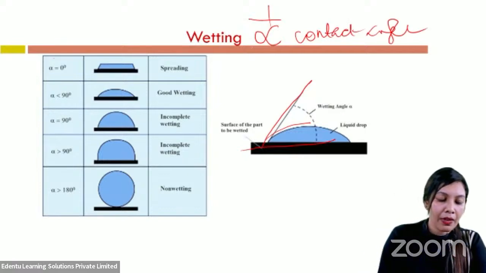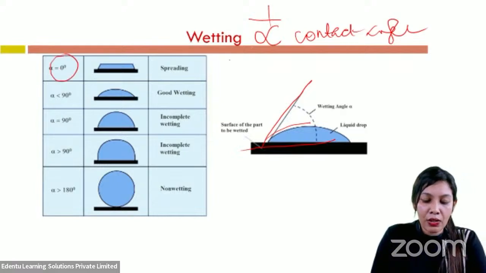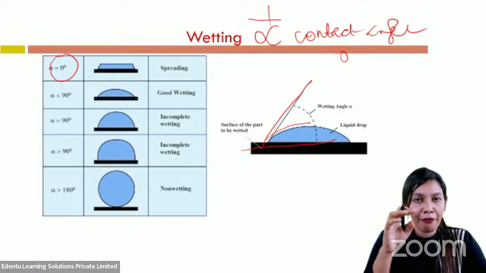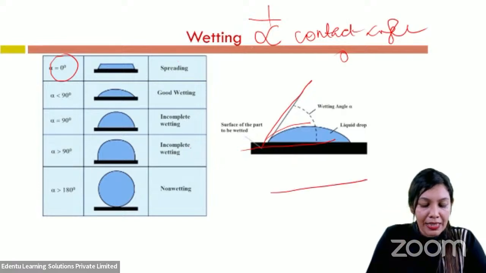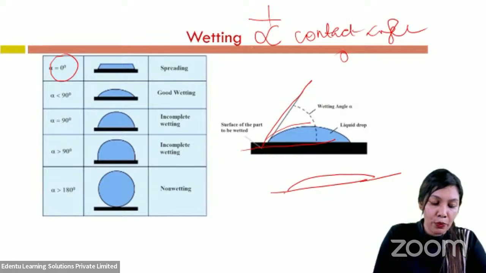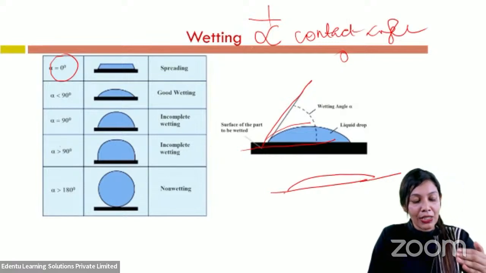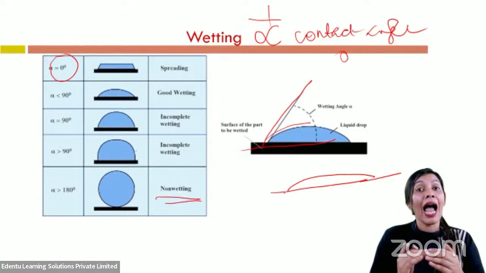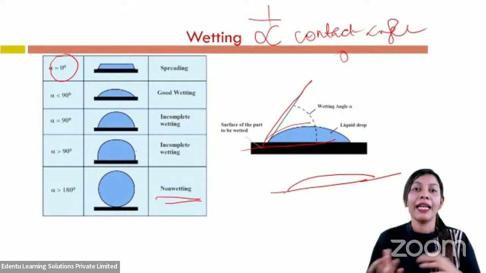It means alpha is equal to 0, and there will be complete spreading of the material taking place. It is inversely proportional. As we go to a larger amount, like more than 180, there is no wetting. Angle is more, wetting is less. That is why I called it inversely proportional.